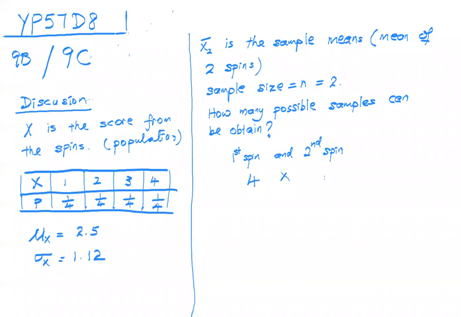And we always multiply, correct? Everyone has an equal chance to be selected. That means when you spin again, you may get the same number. So there are also 4 possible outcomes. So how many possible samples can be obtained? I can have 16 possible samples.